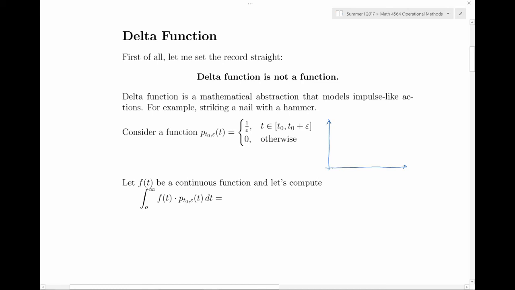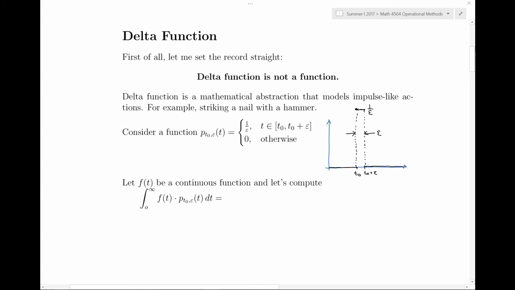It is 0 all the way up to the time t naught, at which point it jumps up and is non-zero for some period of time, and then it jumps back down to 0 after some period epsilon has passed. So the width of the interval on which this function is non-zero is exactly epsilon.